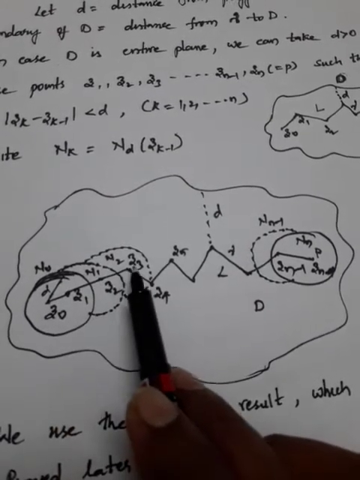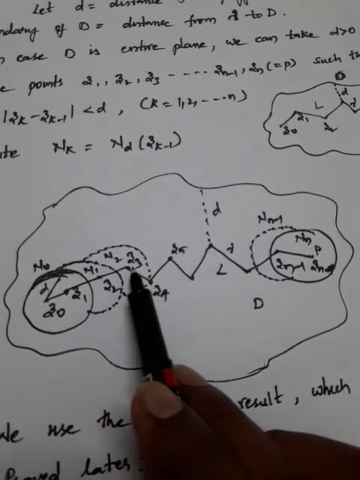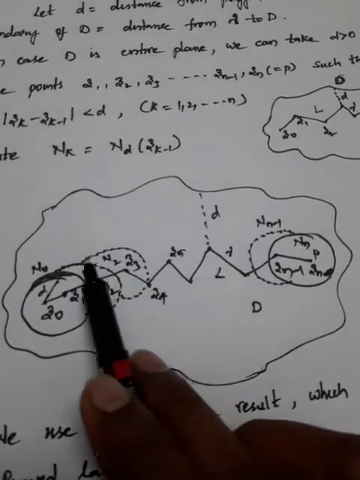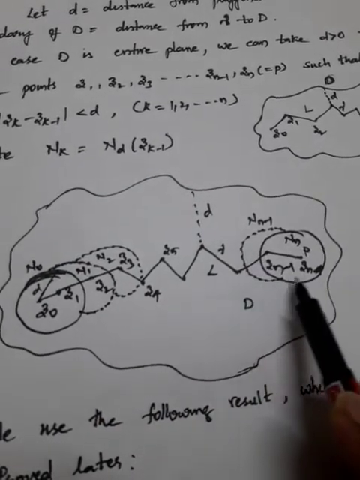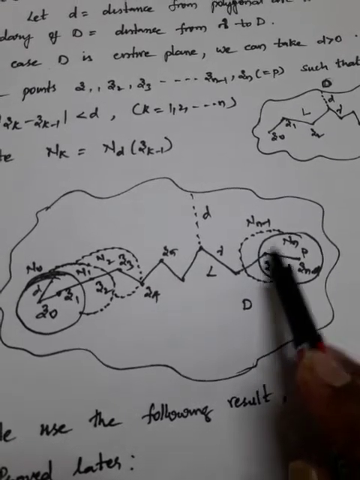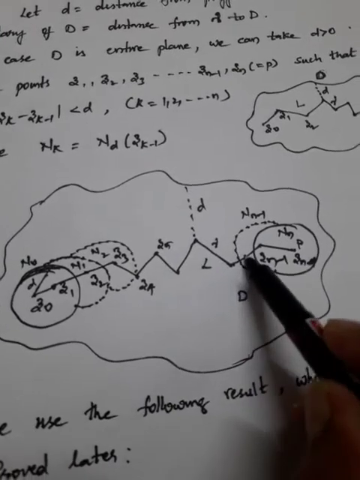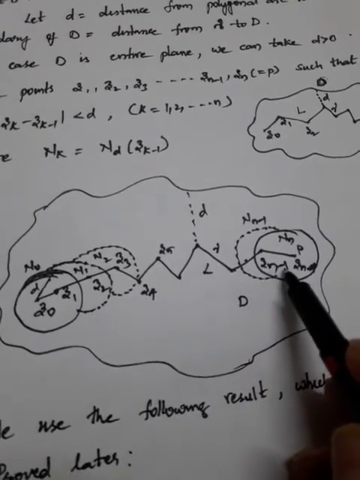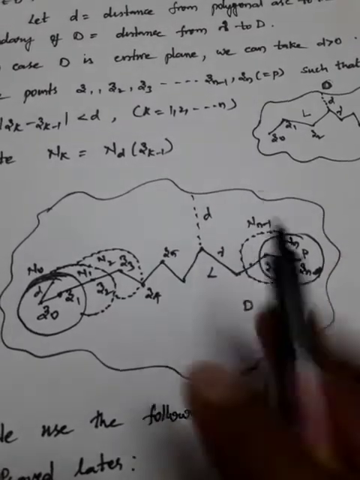In the same manner, N2 has center z2 and includes z3, and so on. We have taken the neighborhood Nn, with center zn-1, and there will be a point zn-2 here as well. This neighborhood is contained in D.